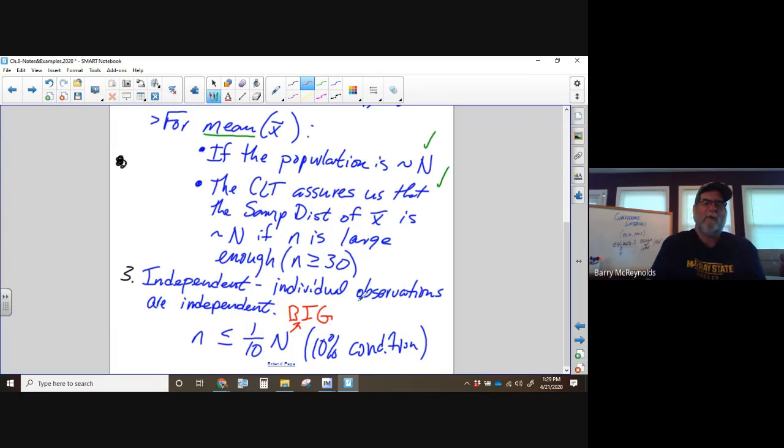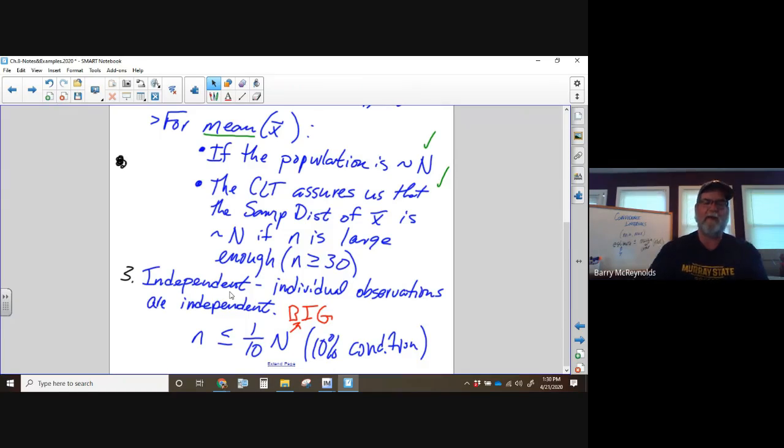You don't have to know the absolute value of that population to say it's big, and that a sample of 50 from that population certainly meets this 10% condition. So you don't always know this capital N, but you'll often be able to understand from the case that the population is big or large. And so you just have to make a statement: the population is large and our sample of 30 is small compared to that population.